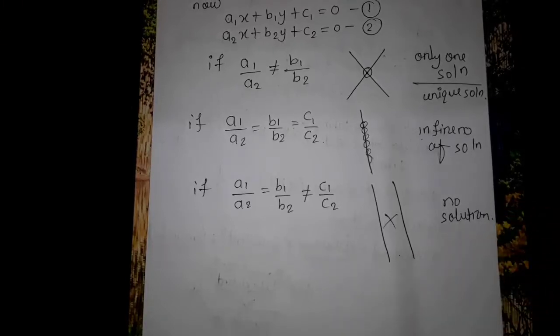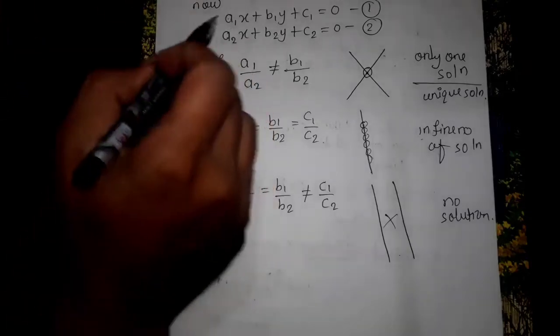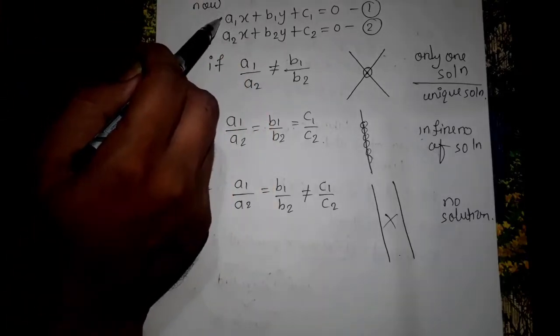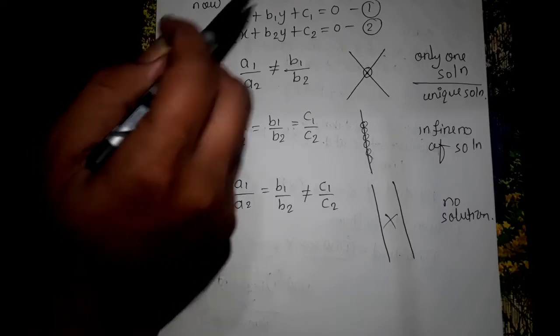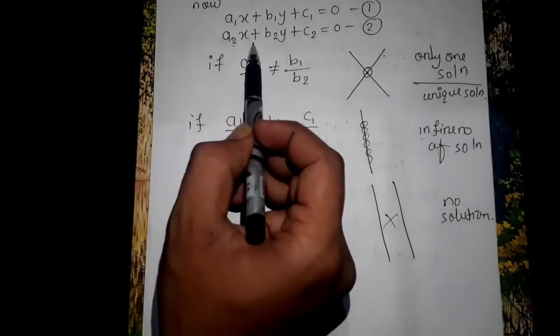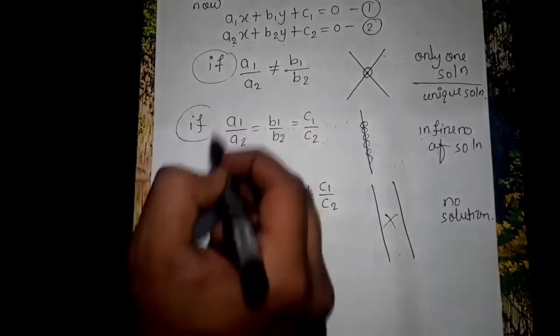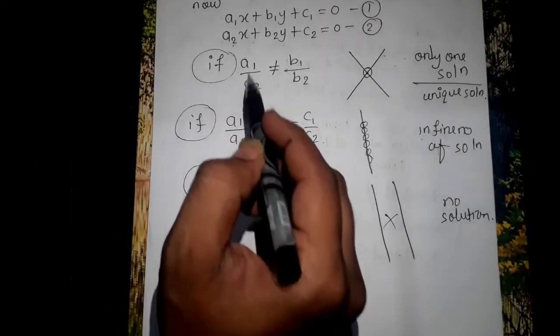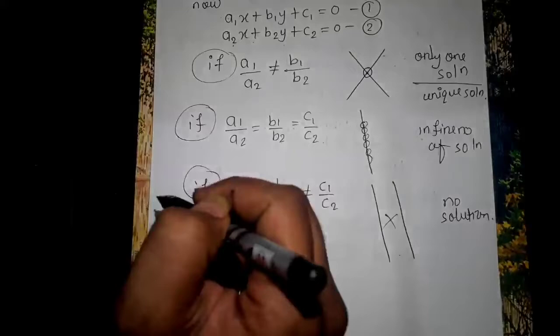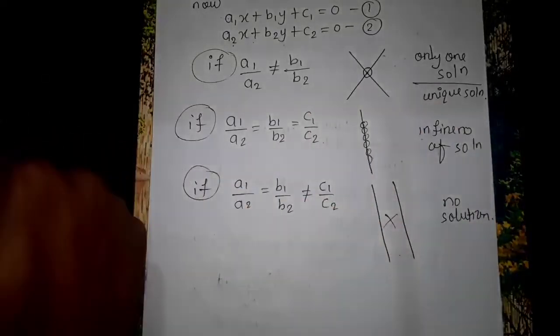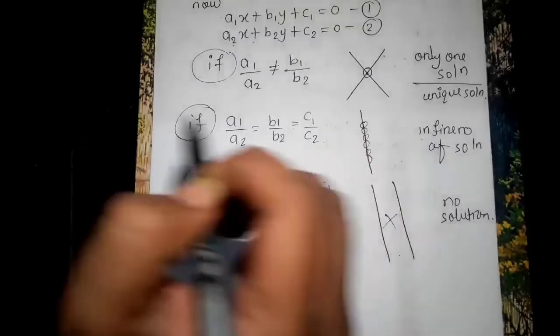Once again, we are given with the two equations, a1x plus b1y plus c1 equal to 0, and another equation a2x plus b2y plus c2 equal to 0. When we derive the relations, when a1 by a2 is not equal to b1 by b2, then two lines will intersect and there will be one point in common.